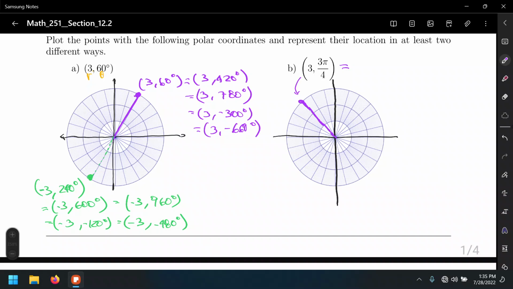Is there another way to represent, or what is, actually there is, but what is another way to represent? So in this case, we're not going to add 360. We already did it in degrees in the previous example. Let's do it in radians. So in this case, we would have to add how much to get back to the same point? 2 pi. Okay, what do we get when we add 2 pi to 3 pi over 4?